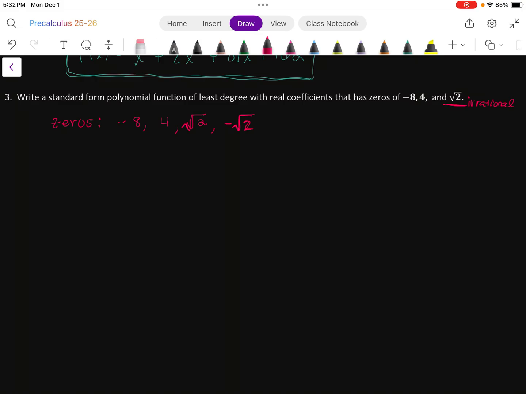So again, x squared minus 2 equals 0 would give me these solutions. All right, so I'll go ahead and write out the factors. I prefer to just start with f of x is equal to x plus 8, x minus 4, x minus square root of 2, and x plus square root of 2.